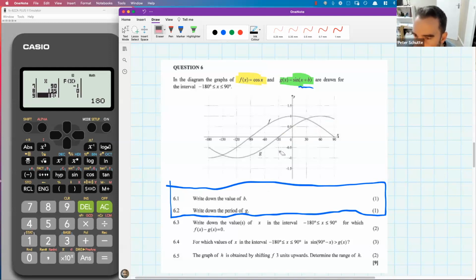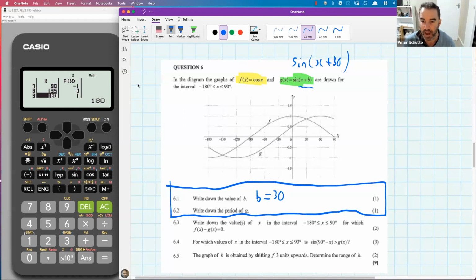Mesh and Marisa, I think you're onto something. So if I want to move my whole sine graph 30 degrees to the left, it has to look like this, x plus 30. And so what does that make B? It makes B equal to 30.